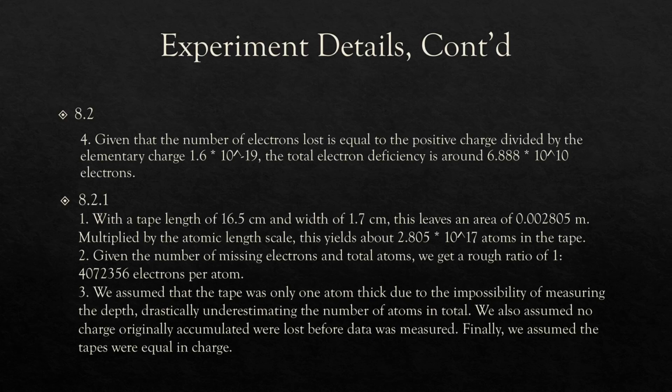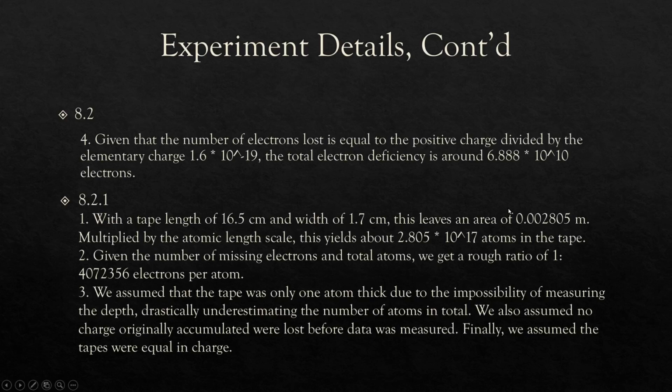And so with a tape length of about 16.5 centimeters, as said before, and a width of about 1.7, we have a very small area, and once we multiply it by the width and divide it by the width between the atoms, we get the number of atoms in the whole piece, which is about 2.8 times 10 to the 17th. And, doing a quick ratio trick, we see that there's about 4072356, whatever that number is, atoms for every electron that was lost.